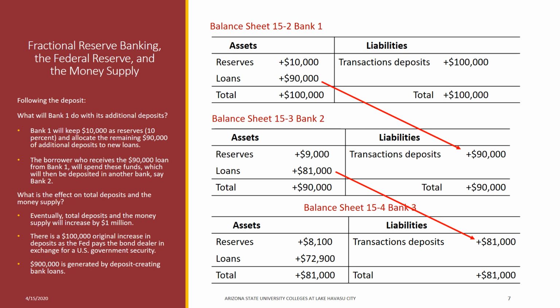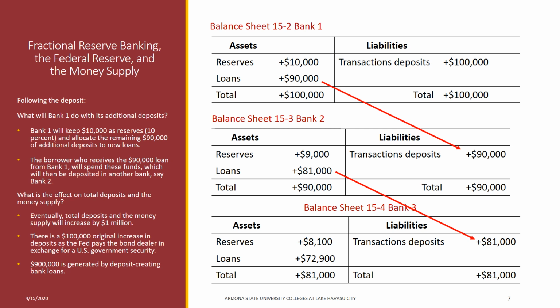We can say that the addition of $100,000 to deposits with Bank 1, with no corresponding deposit reduction anywhere else in the banking system, increases the money supply by $100,000. If another member of the public instead of the Fed had purchased the bond, that person's transaction deposit would have been reduced by $100,000 and there would have been no change in the money supply.